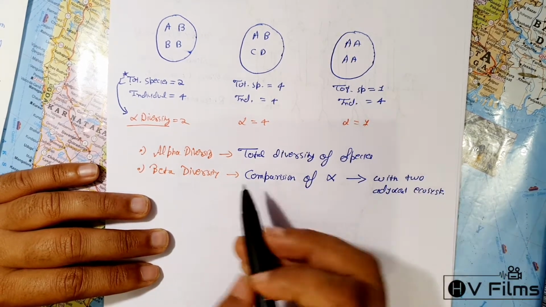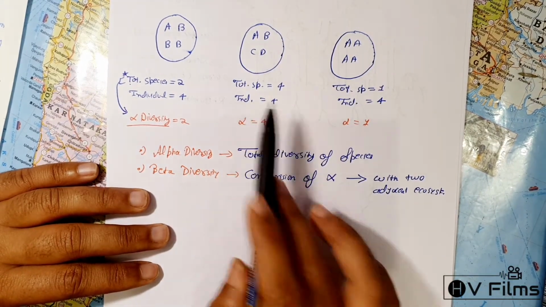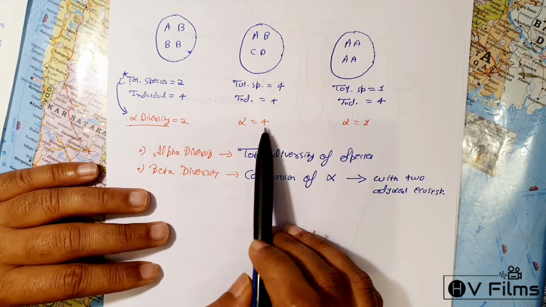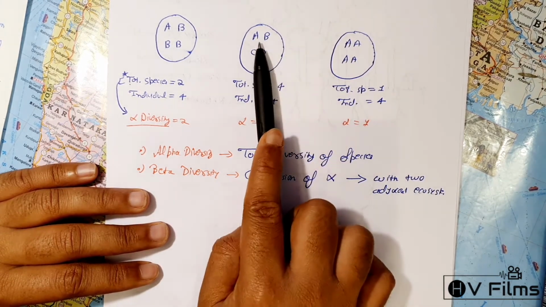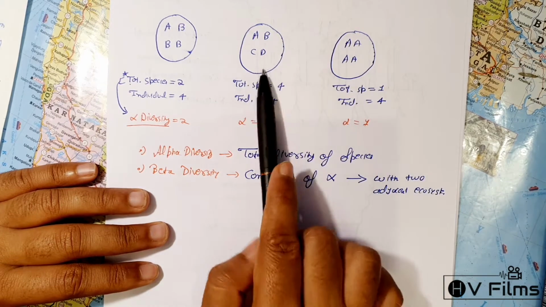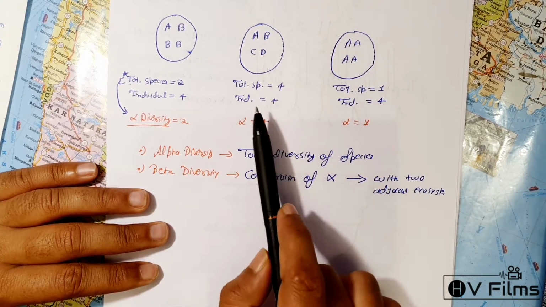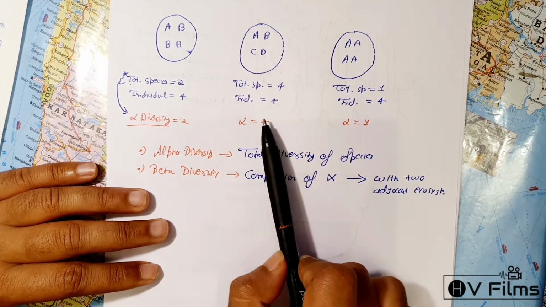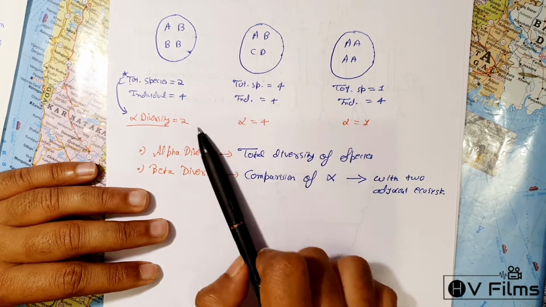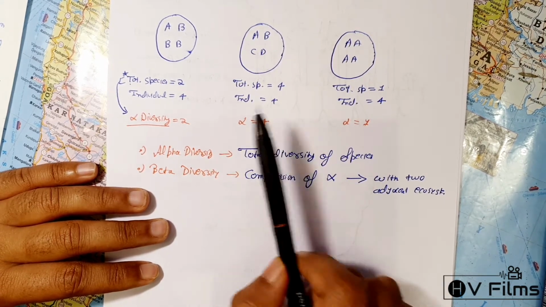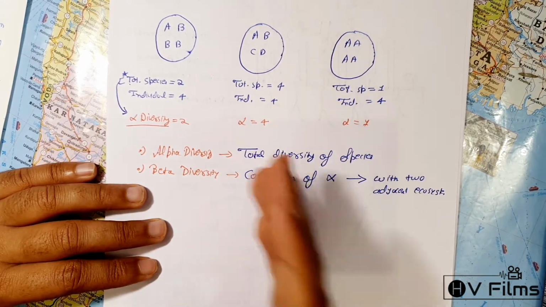For example, if I'm studying this one, the alpha of this is 4. Now I will compare this ecosystem with my adjacent ecosystems. This is 2, this is 1. So this is a rich one, because 4 minus 2 is 2 and 4 minus 1 is 3. It's still higher than both of them. So this is what beta diversity means. We are comparing one ecosystem with the other.